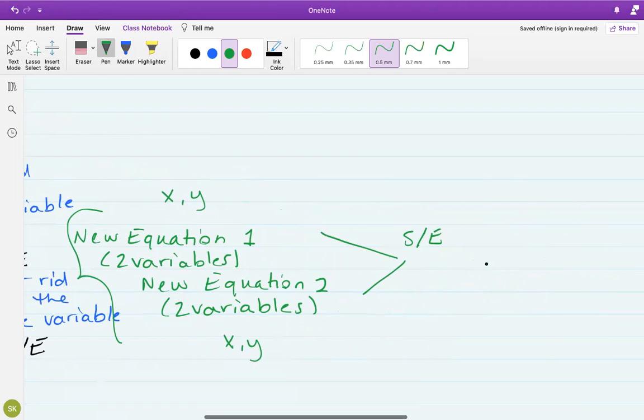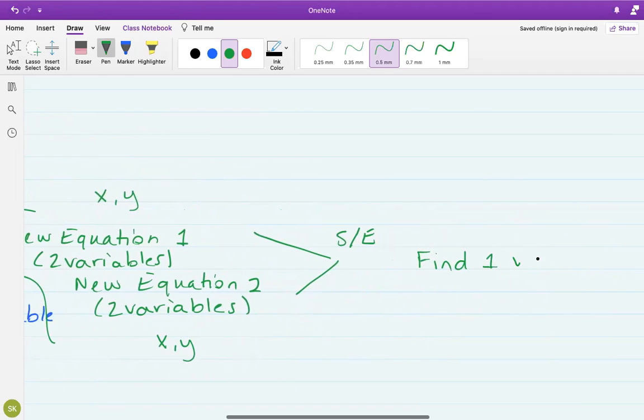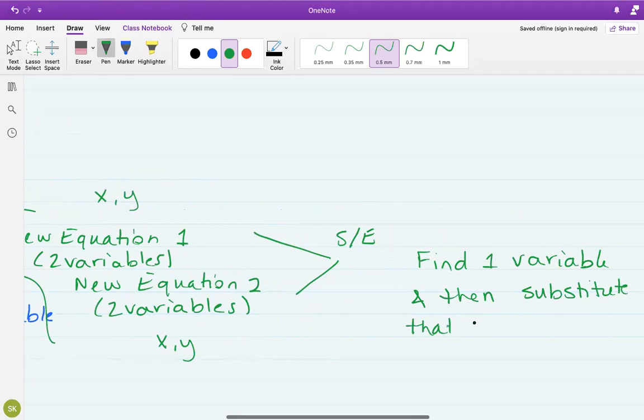You're going to find, let's say, one variable, and then substitute that variable in to find the other variables.